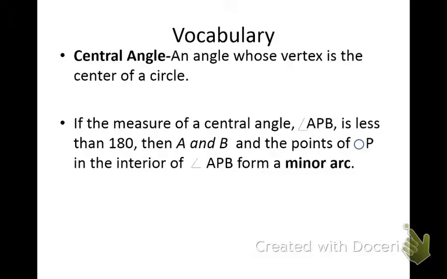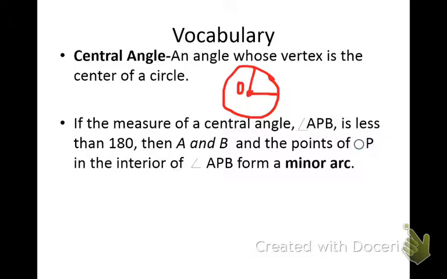It looks like this. Here's the circle. There's the center, and we have a central angle. The vertex is the center of the circle. So this may be circle O.